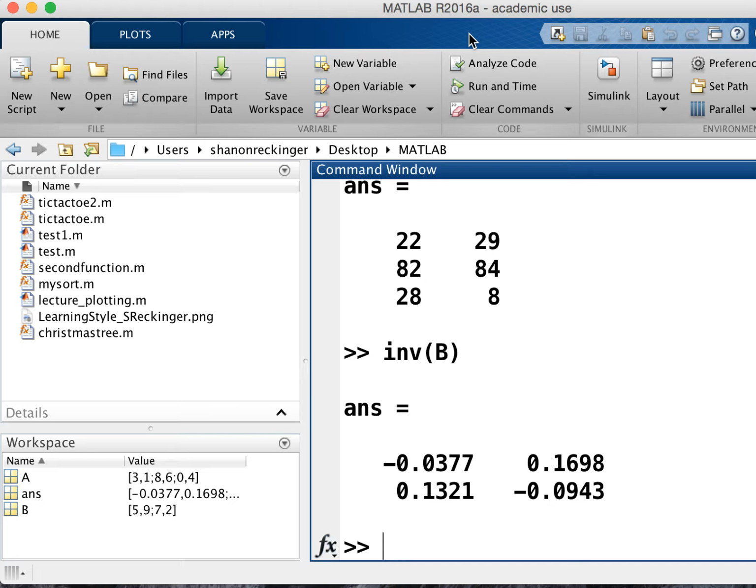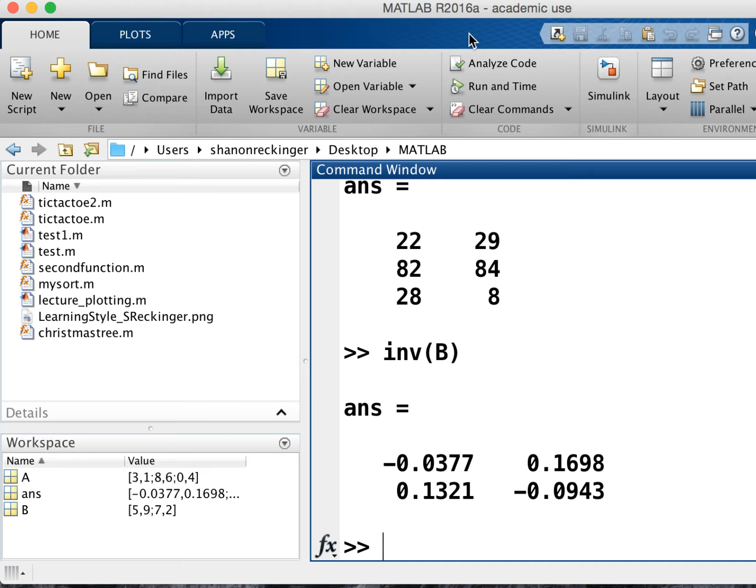So the way it works is you have your system of equations, Ax equals b, and then you're going to use matrix algebra to solve this equation. So like I said, you're going to multiply both sides by A inverse. And that's equivalent to dividing both sides by A in regular algebra.